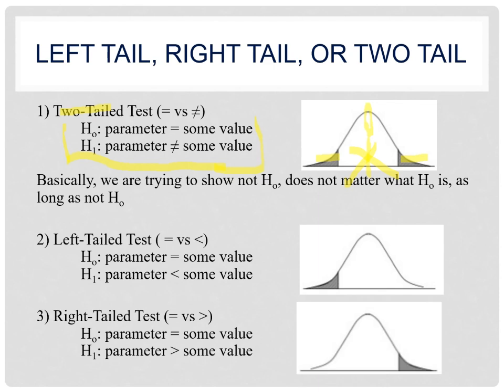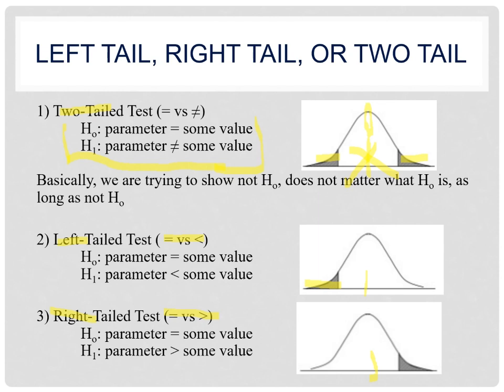So the other half of that, and you might be able to pretty much figure out what the other two are based on that explanation, is that you can also do a left tail test and a right tail test. Along similar lines, you have a mean somewhere in the middle. A left tail test says, I want to test that the value you have assumed, I believe it's less than that number.